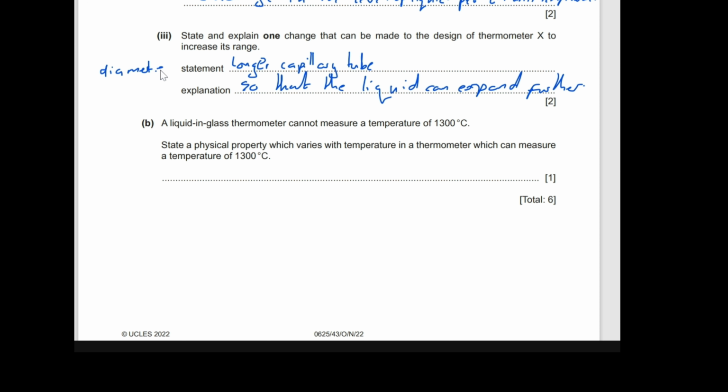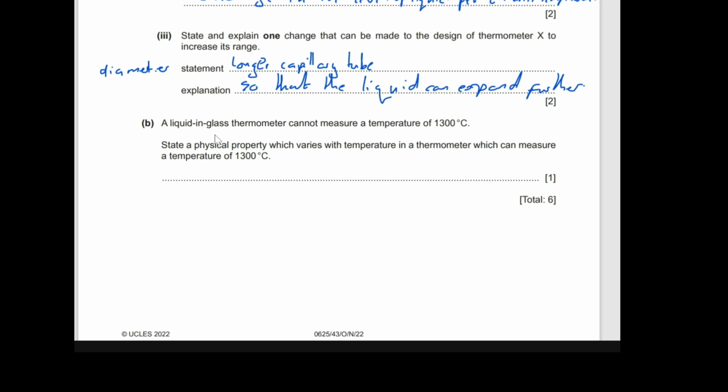If we increase the diameter of the capillary tube, we are going to lower the increase in level for each degree, because the capillary tube is now wider, meaning it will lower the increase in level per degree.